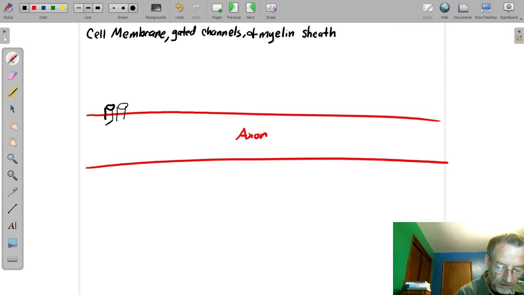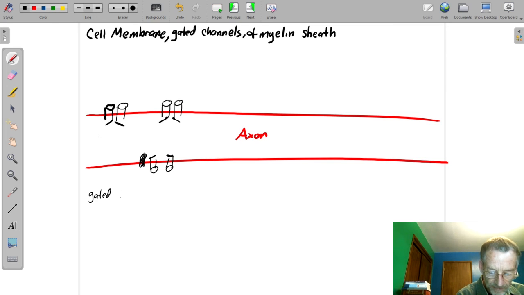Some of these are sodium channels and some of those are potassium channels, but they have gates on them. And they're not literally in pairs, but that's just how I'm drawing them. And they're all scattered along, you know, both sides, of course. Oops, I can't draw upside down very well, I guess. So, you know, little trap doors are the gates. So these are gated sodium and potassium channels. That's what was opening and closing.